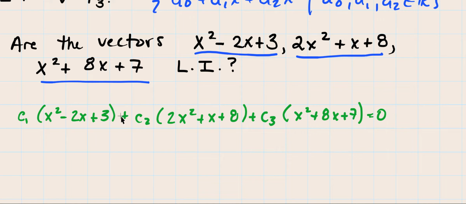If we can find a C1 or a C2 or C3 that's not 0, then they are linearly dependent.